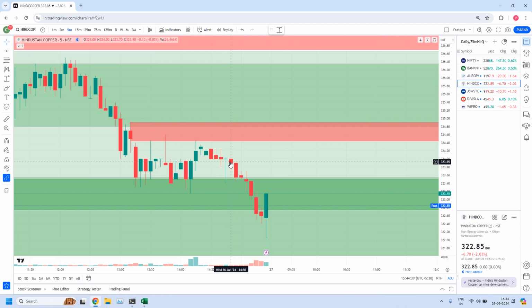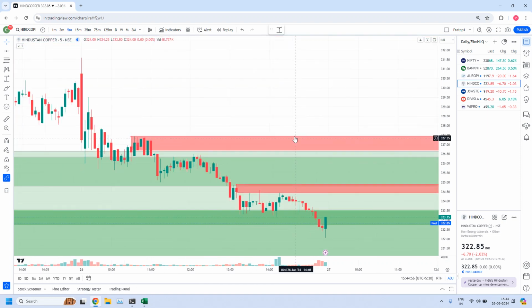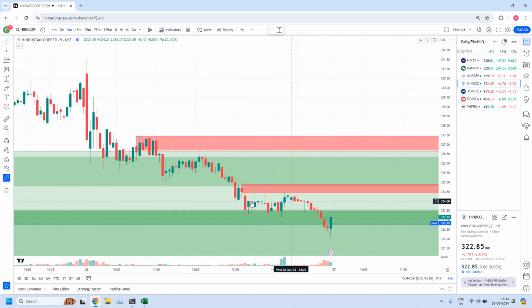Because intraday trades have to be exited by, sorry, not 12:45, 2:45. This is the 2:45 candle. Maybe you would have got some profit, no doubt in that. But how much profit you are getting, that is all depending on where you exited from your trade. So that means this trade is a no profit, no loss kind of trade, this one.